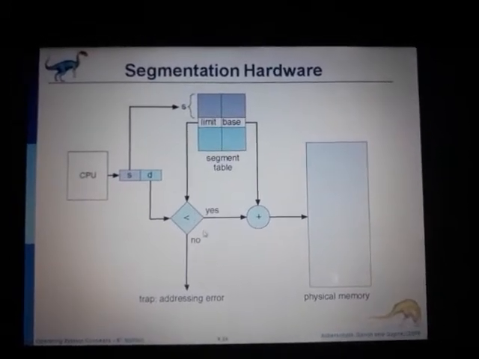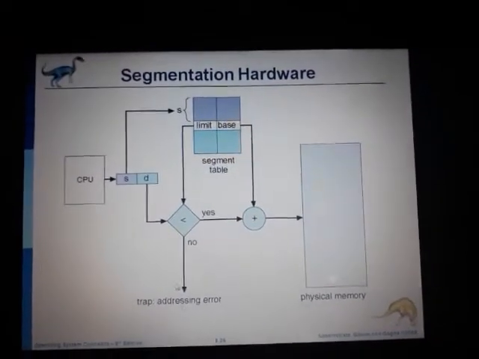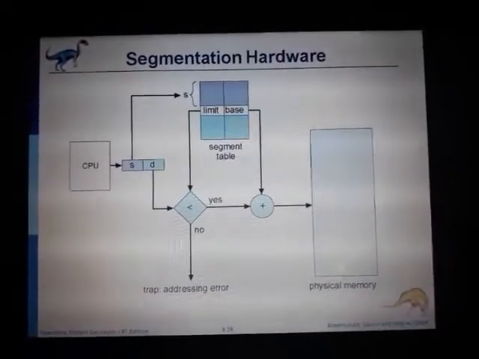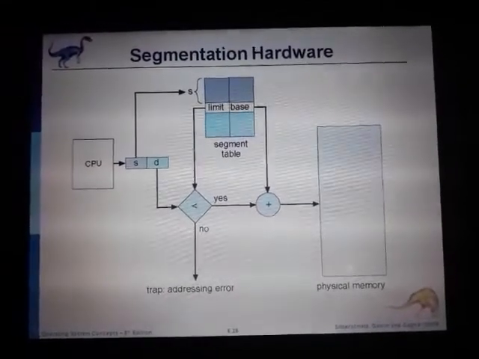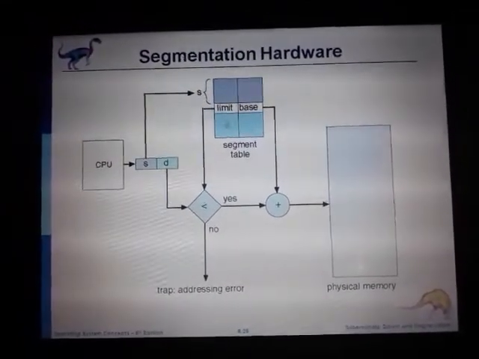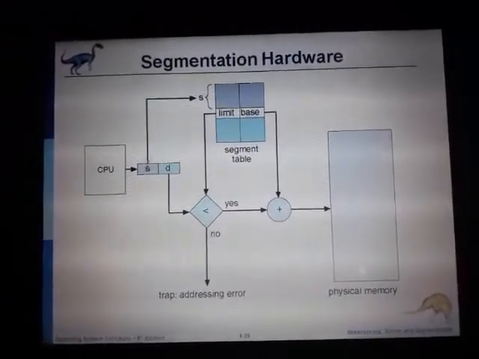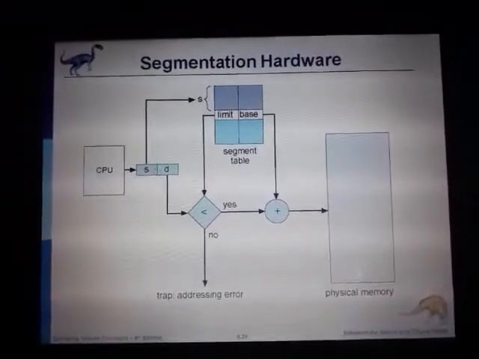If the condition is no, there will be a trap, an addressing error. Please remember how the segmentation hardware is diagrammatically represented.